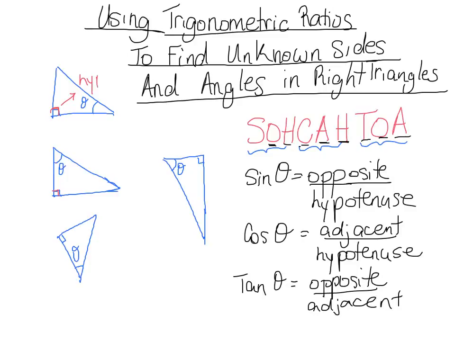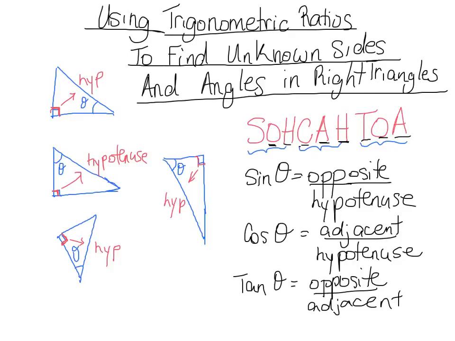So our hypotenuse is the longest side across from our 90-degree angle. I could just call it hip for short. That's our 90-degree angle. So our hypotenuse is here. In this triangle, our hypotenuse is over here, across from the 90-degree angle.